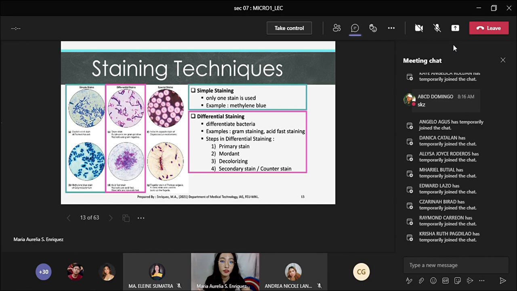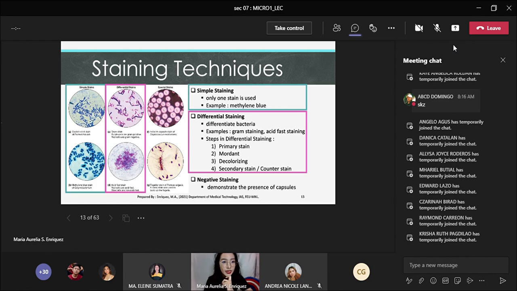Pero kung gram-negative yung bacteria dun sa sample natin, then even after applying the mordant, ayan, hindi pa rin po kakapit yung primary stain. So matatanggal siya nung decolorizer and it will now take up the color of the counterstain. So examples of differential staining are shown in these photos.